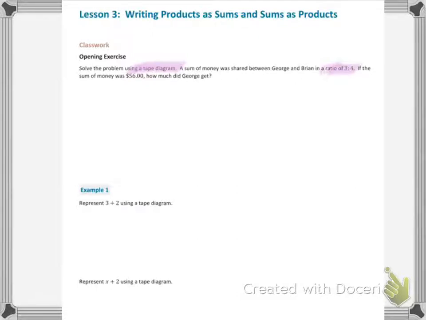Yes, our friend the ratio is also back. So we have George and Brian sharing this sum of money. The ratio is 3 to 4. Let's keep it in order: we've got George, here we've got Brian. If the sum of money was $56, how much did George get?